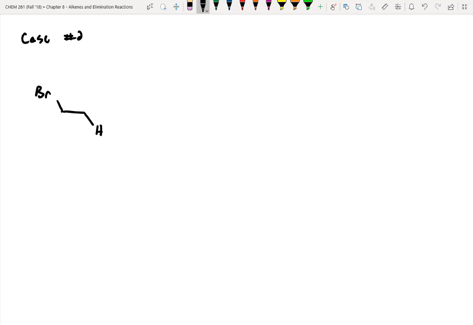We're going to have an anticoplanar beta proton, but this time we're going to have a methyl group coming off instead of protons in those positions.